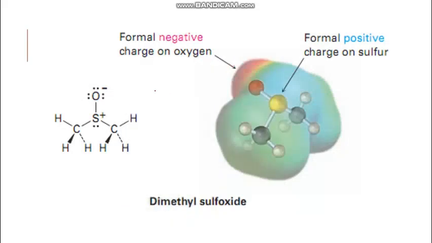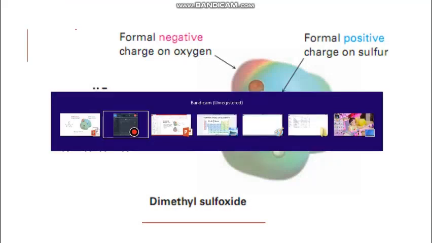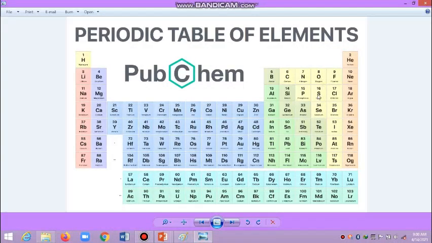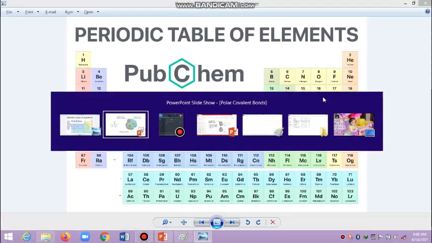Okay. So, let's look at dimethyl sulfoxide, for instance. So, sulfur, yung ating sulfur, meron lang siyang 2 bonds. So, let's see. Sulfur has an atomic number of 16.